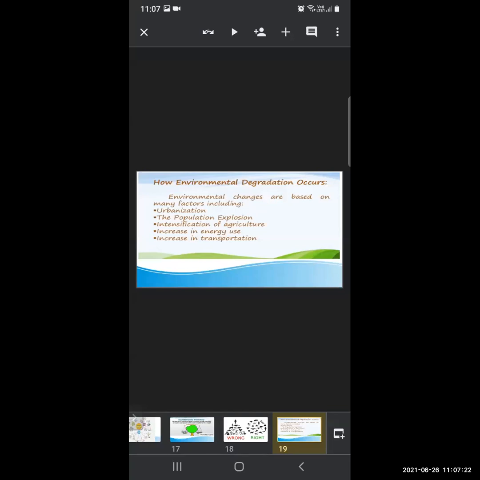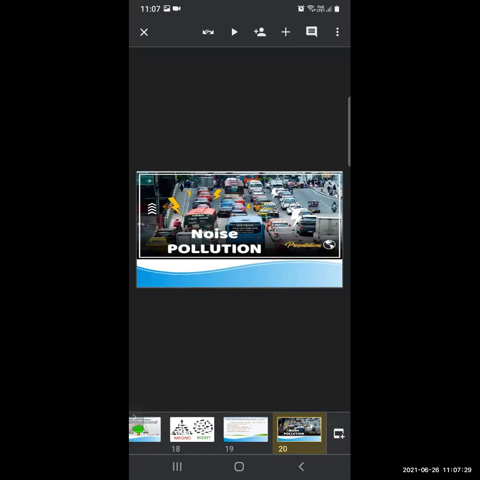These are the main causes of environmental degradation. See the noise pollution. Everyone is in a hurry, honking, and everyone wants to use their own vehicle, and it is creating noise pollution as well as air pollution.